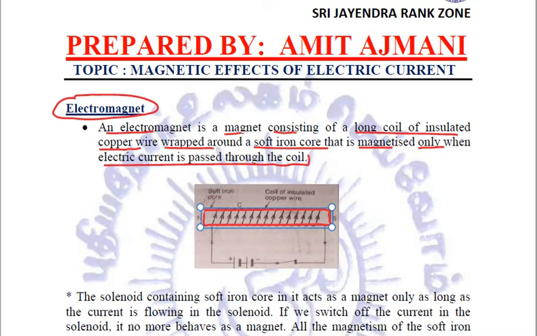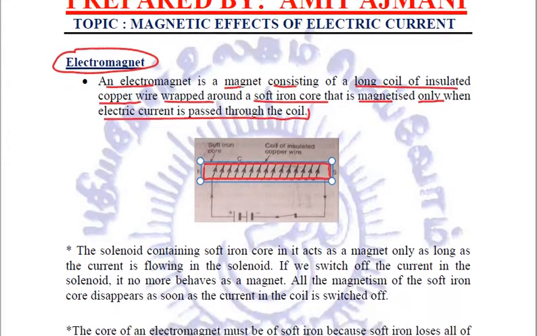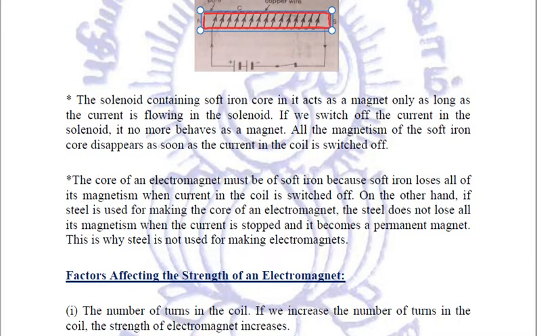Clear? Now, if we are using the core material to be soft iron, then the solenoid which contains this soft iron core in it acts as a magnet only as long as the current is flowing in the solenoid.